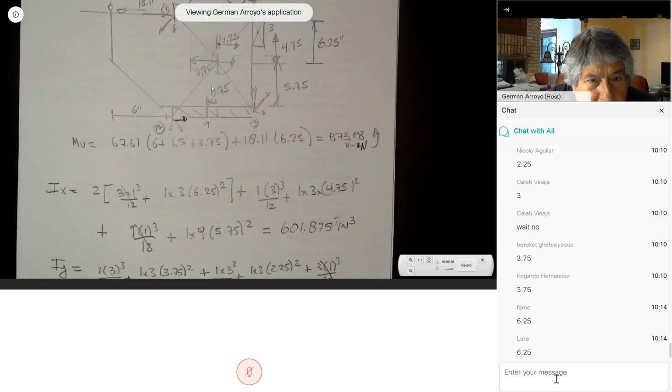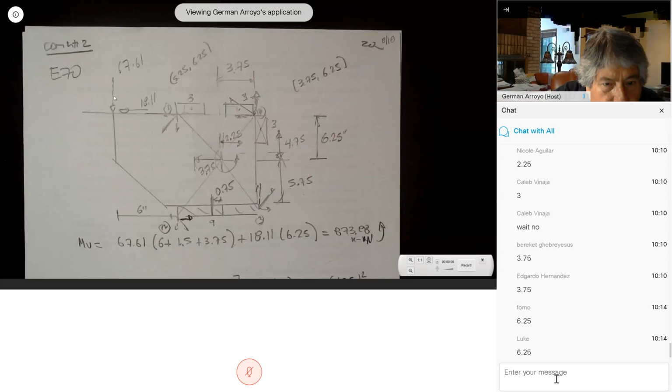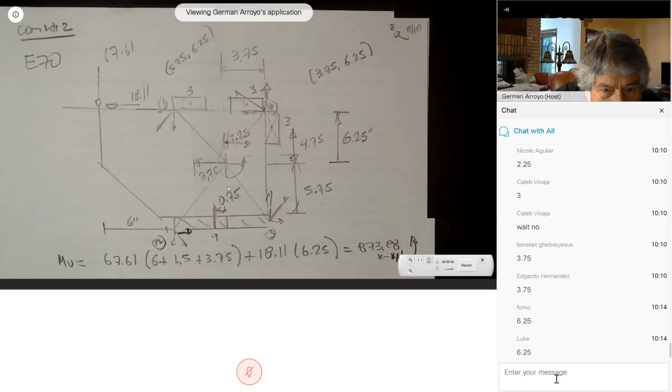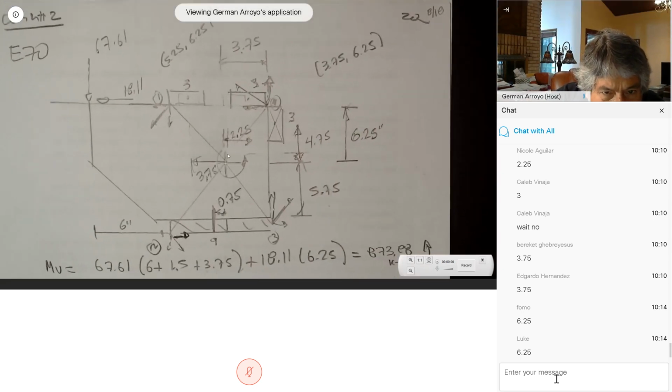You see the moment in here. And for the moment, for instance, this is the force produced by the moment at this point, with a component going up and a component to the left.